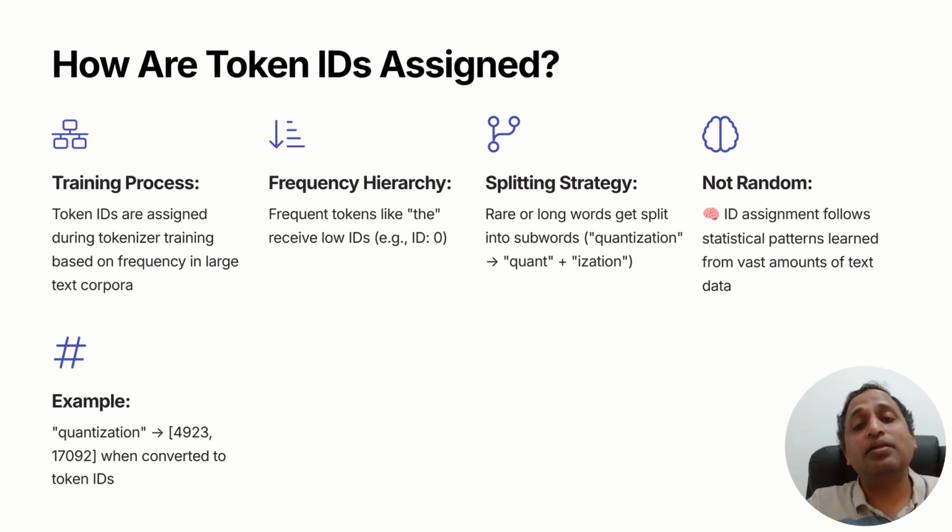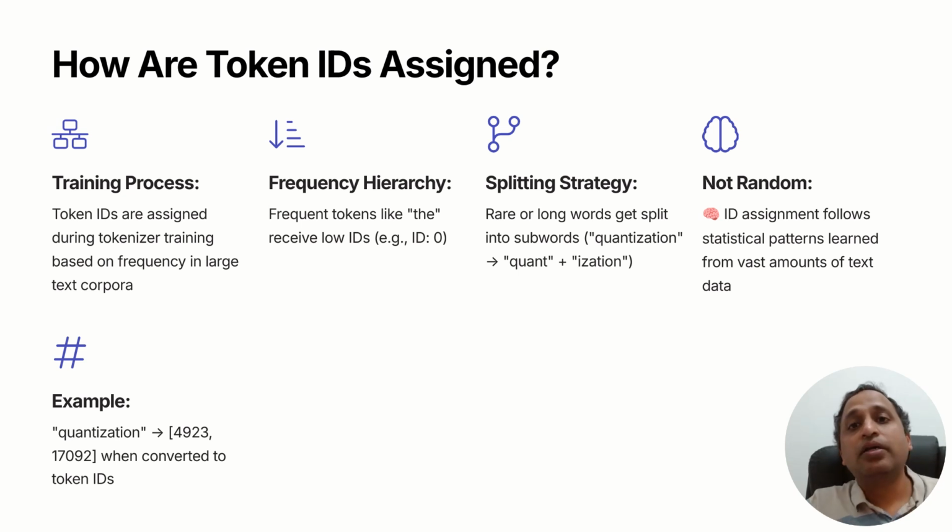For example, the token "the", one of the most common words, might be assigned ID 0. This forms what we call a frequency hierarchy. Common words get lower token IDs, while rare or complex words may be split into subwords, and those subwords may get higher IDs.